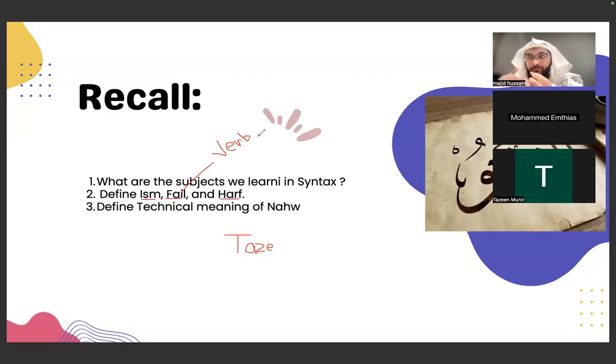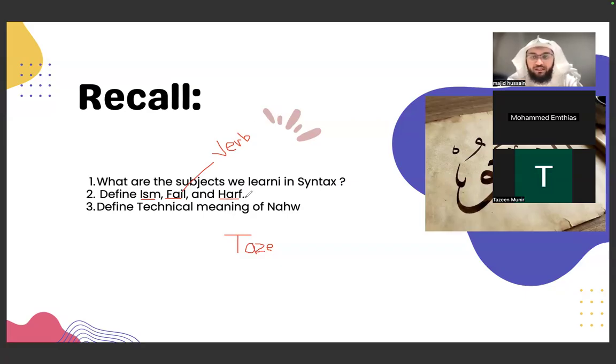That means it will require past tense, present tense, future tense, command tense, any of the tenses to help it convey the full meaning of it. By itself it is half meaning, and it does not satisfy its own meaning. It has to have some tenses before or after it.